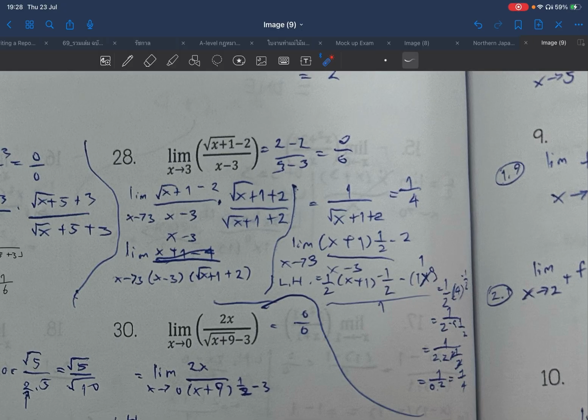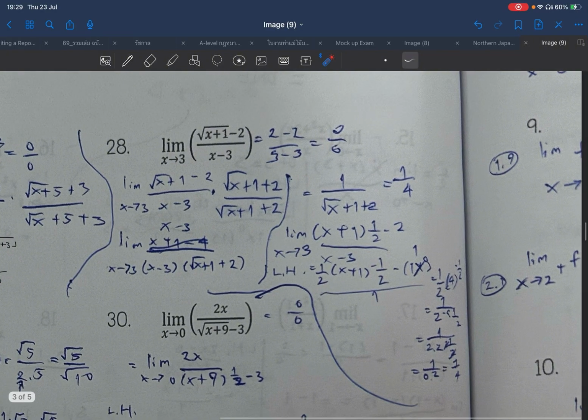So the numerator becomes x plus 1 minus 4 equals x minus 3, which cancels out with the denominator. With that, we are left with 1 over root x plus 1 plus 2.